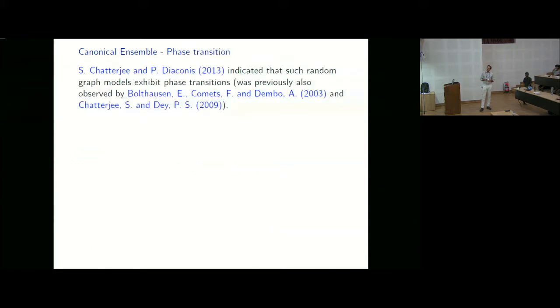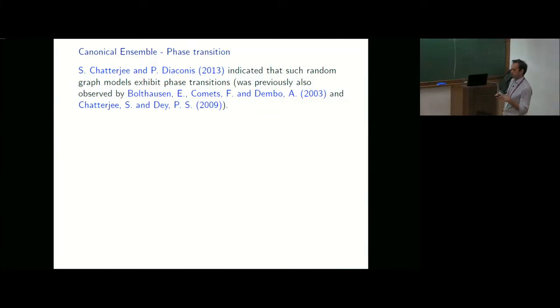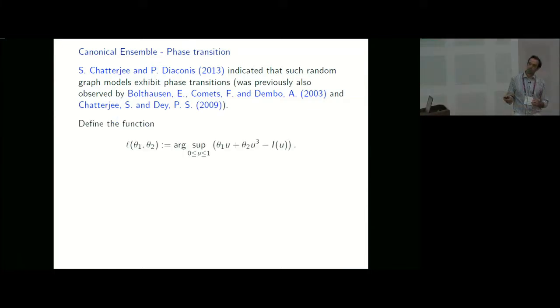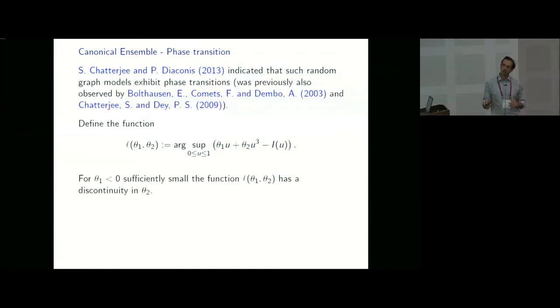Chatterjee and Diaconis also observed that there is a phase transition in the canonical ensemble of exponential random graphs. This was also previously observed by other authors, but they managed to prove it. They did some numerical results and showed that if you define the maximizer of the quantity in the variational formula as a function of theta 1 and theta 2, then for theta 1 sufficiently small, so for negative theta 1, this function has a discontinuity in theta 2.